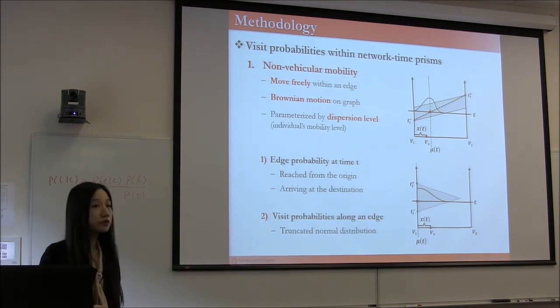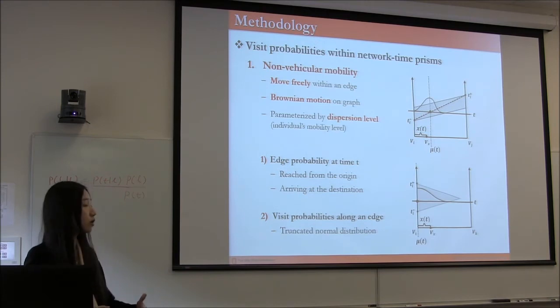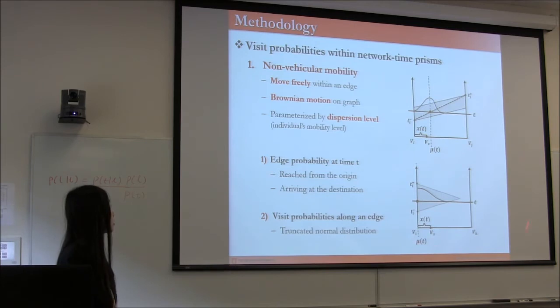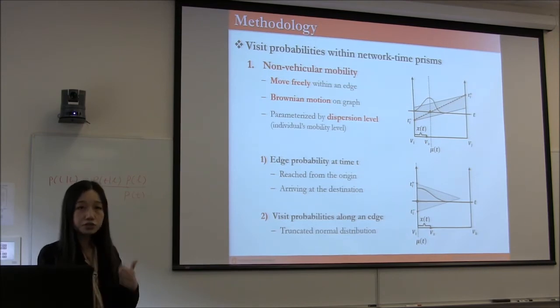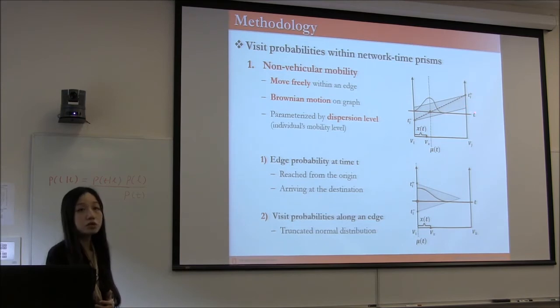Some people can walk very fast. Others may be slower, or they just prefer to walk slower than others. That will enable us to capture those characteristics of individuals. The procedure is, first, we use that theory to derive the probability that each edge will be visited at a certain time t.